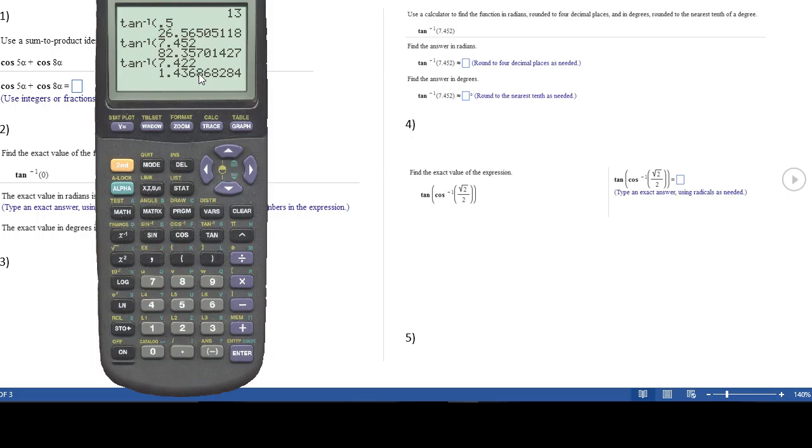Okay, so cosine for the root 2 over 2 is pi over 4. Then from pi over 4, I feel stuck.